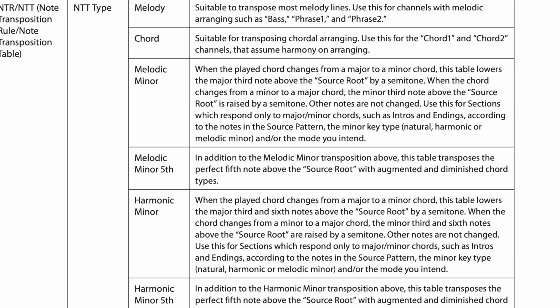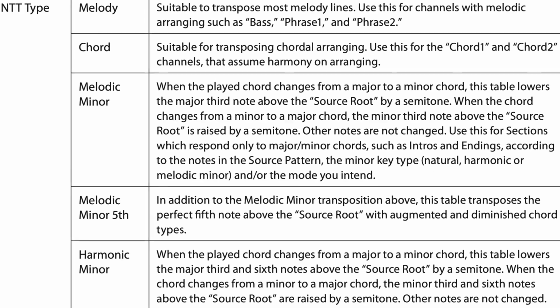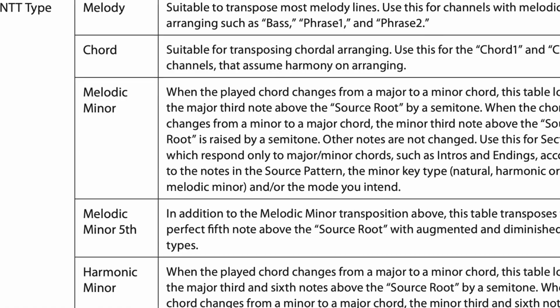There are several NTT options to choose from. If you're unsure what to choose, select melody if you're recording a melody, and if you're recording a chord, select chord. From here you can fine-tune if you need to.